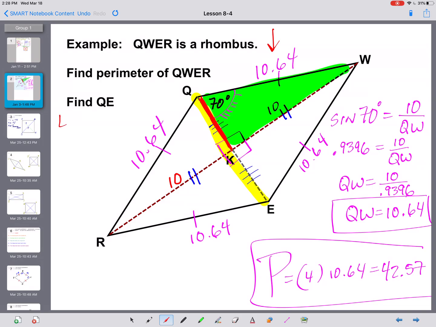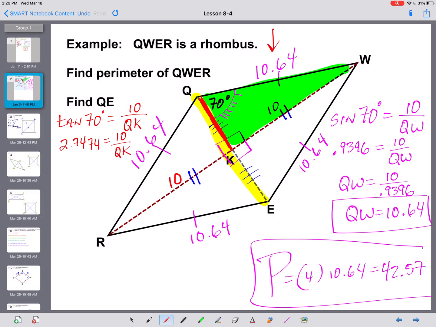Let's set it up. Tangent of where my eye is, so tangent of 70 degrees equals opposite 10 over the adjacent QK. Let's do tangent of 70. 2.7474 equals 10 over QK.